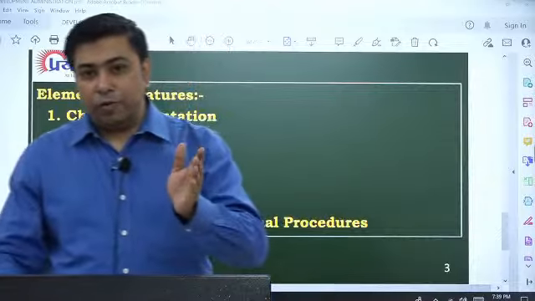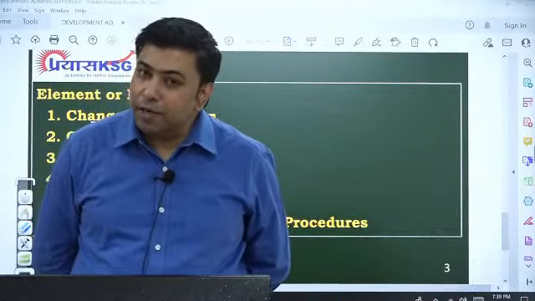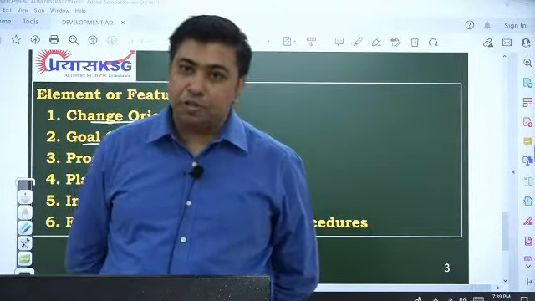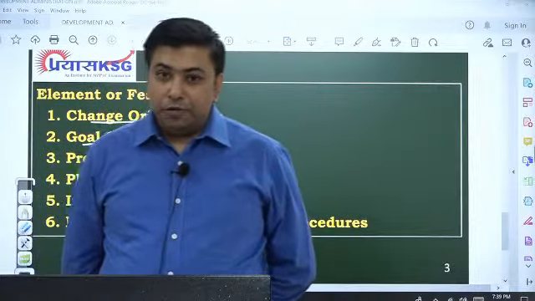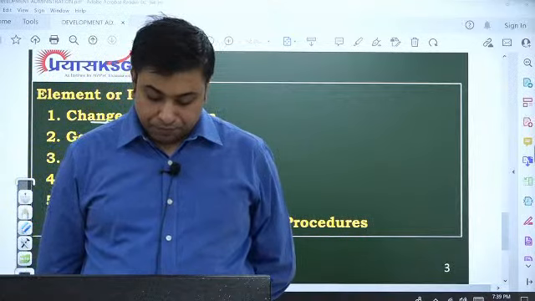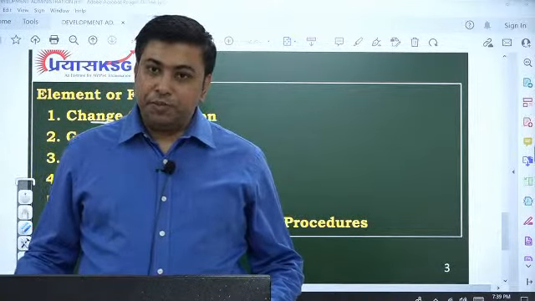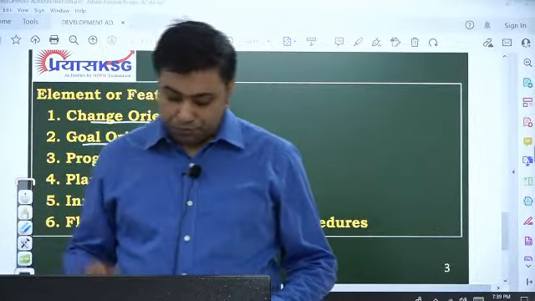Now just write down about the last important feature of development administration called as the flexibility in organizational procedures. इसको भी लिखोगे? Flexibility in organizational procedures. Last feature, flexibility in organizational procedures. Continue.